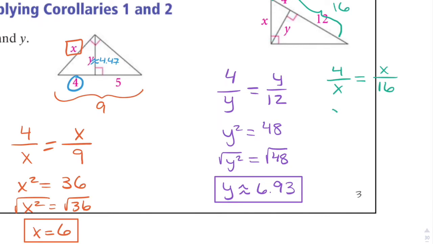So I have x times x is x squared, 16 times 4 is 64, the square root of x squared equals the square root of 64, so x equals 8.